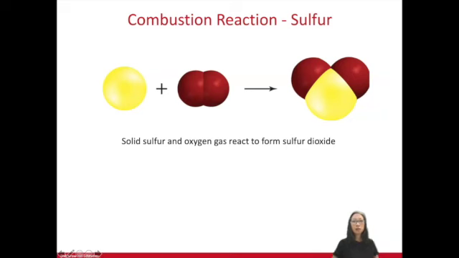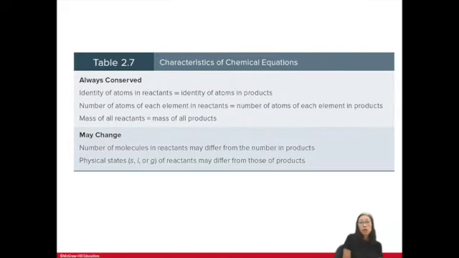So a quick summary of chemical reactions is that we will write chemical reactions as balanced chemical equations. What's different from a chemical reaction to a chemical equation is the equation has to have the atoms balanced. They're equal on both sides of the arrow.